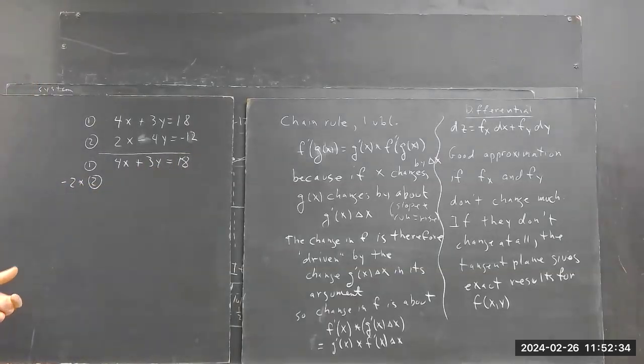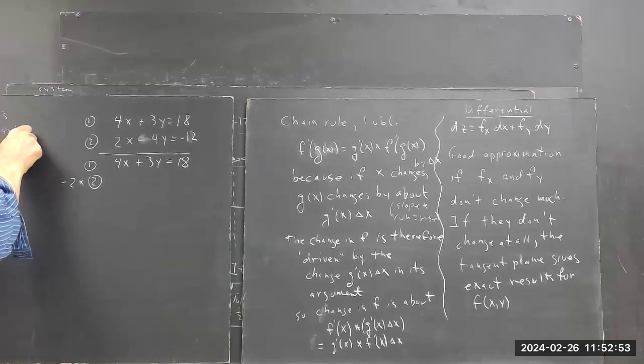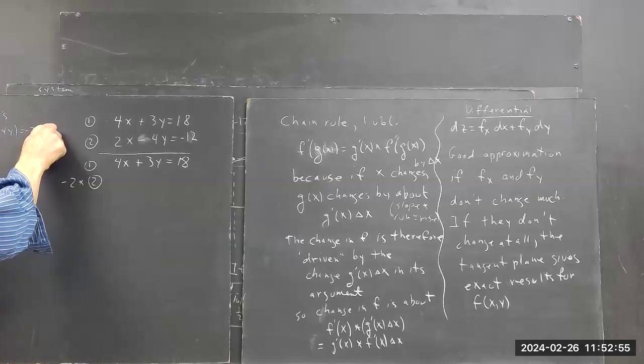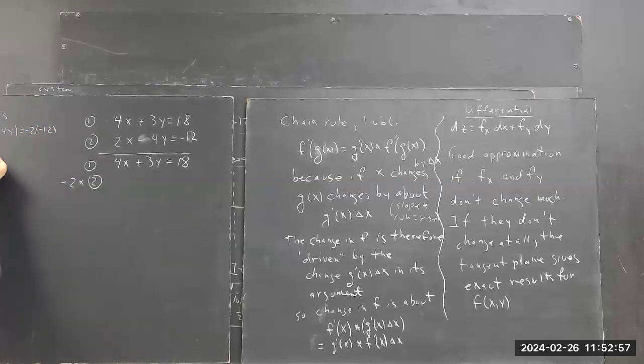Now, you probably don't need to do a separate calculation to do -2 times equation 2, but let's just do this. -2 times equation 2 is -2 times 2x minus 4y equals -2 times -12, which gives us -4x plus 8y equals 24.